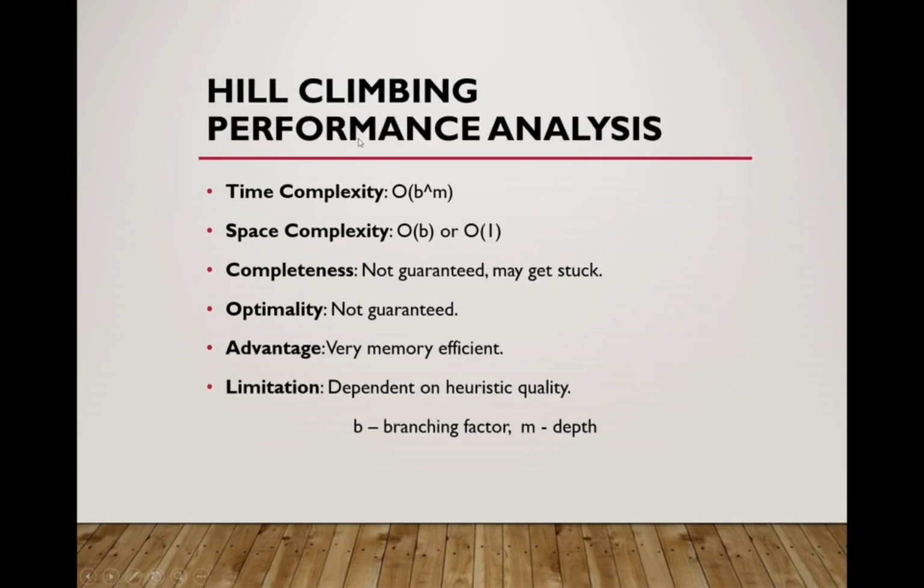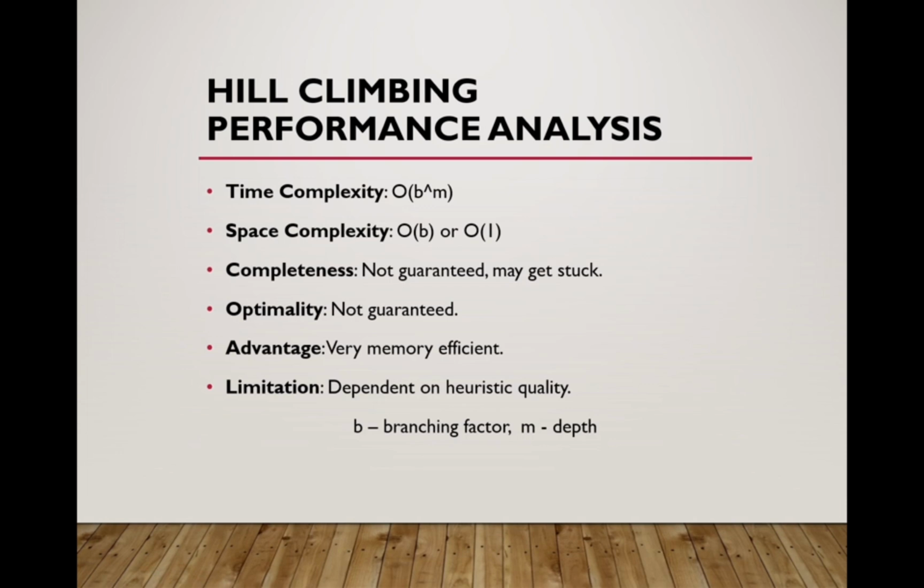And performance analysis for hill climbing, the time complexity is b power m. B is the branching factor and m is the depth. And space complexity is order of b, because we move in a greedy manner. We'll move according to the local maximum, like the local optimal one. So at a time we will only move in one direction, so the space complexity would be order of b.